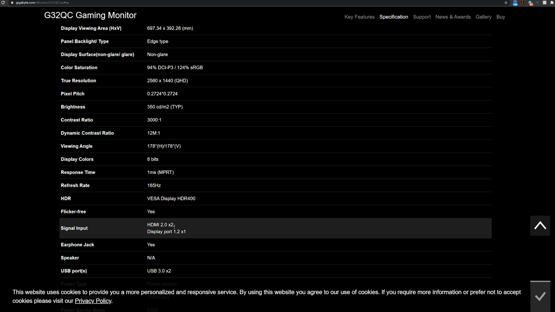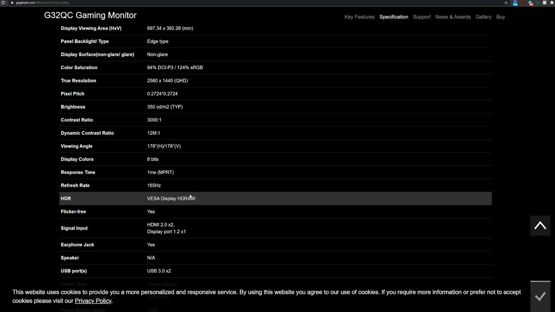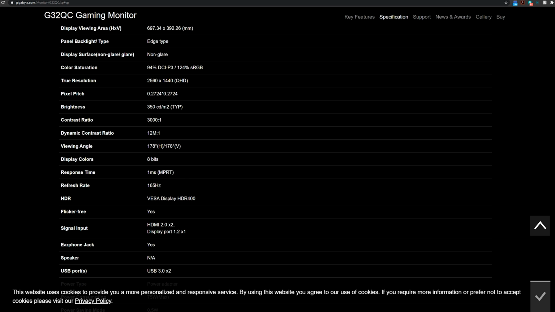So we have that. VESA display HDR 400. So this is HDR 400. The G5 is HDR 600, so it just has that extra 200 nits of brightness. With that, and this is something that I talked about in the review, these both have DisplayPort 1.2. So as far as I knew, you couldn't actually do HDR because the bandwidth wasn't there.